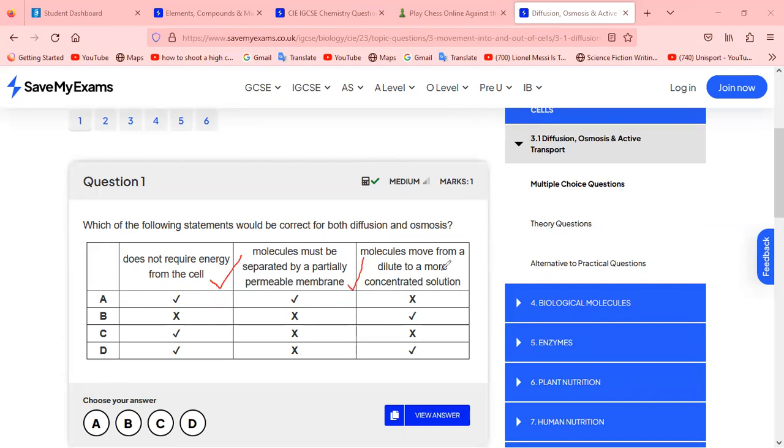Dilute to concentrated: diffusion is higher concentration to low, but osmosis is in terms of water, so that one will be dilute to concentrated. So it's A.